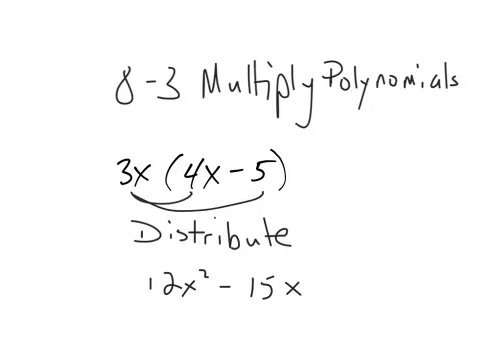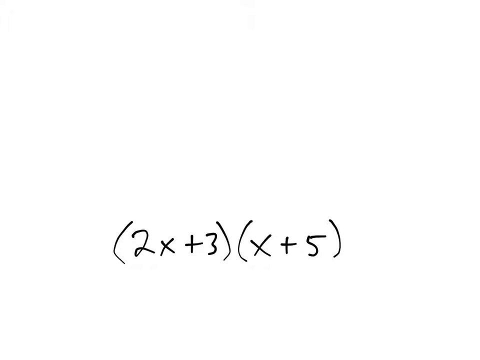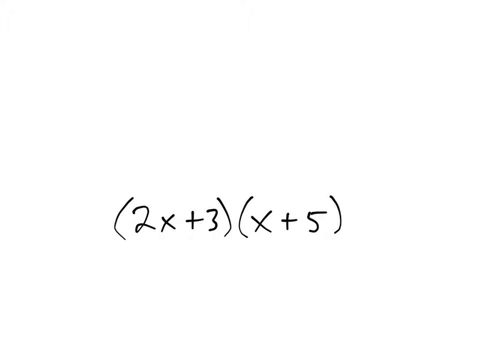Okay, so from here, we're going to play with problems like this. Now, who can tell me what they think needs to happen with this problem based on what we just did? Anyone have a thought? Jake? Distribute the 2x plus 3 to the x plus 5.